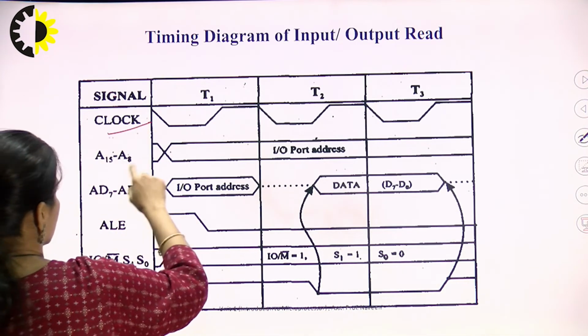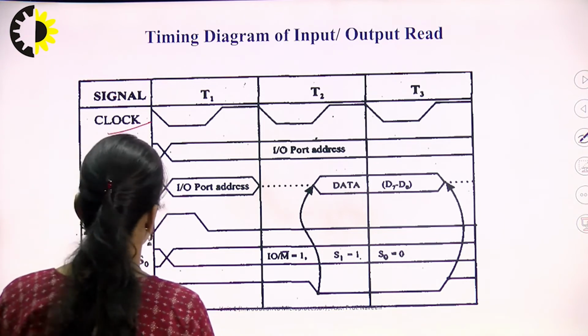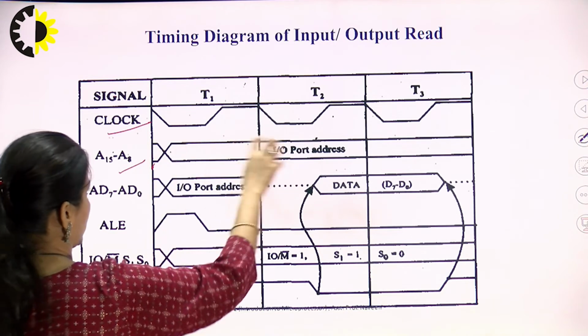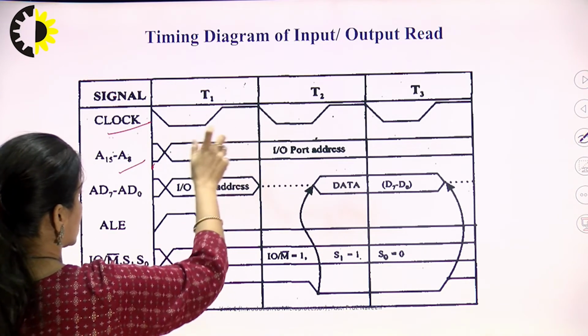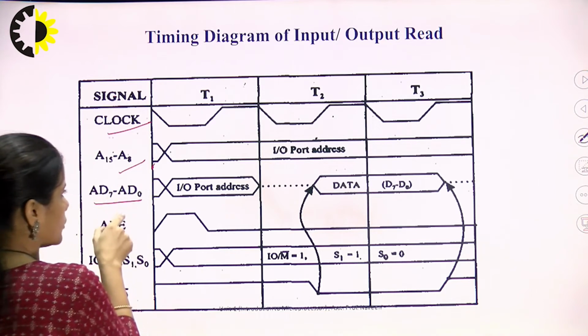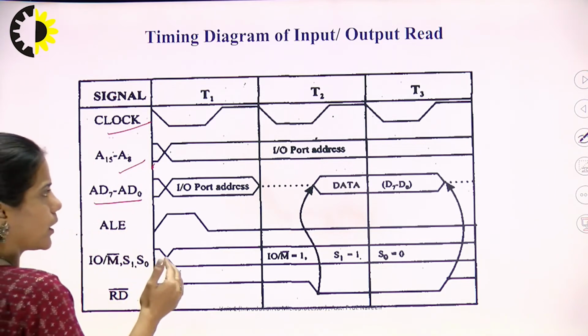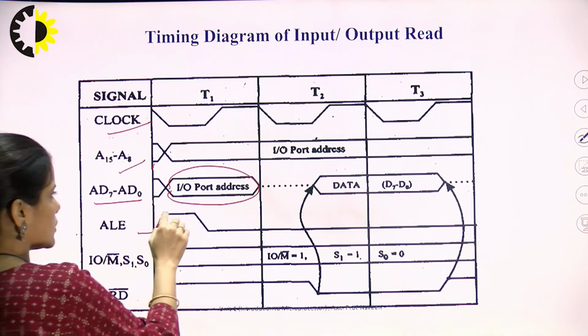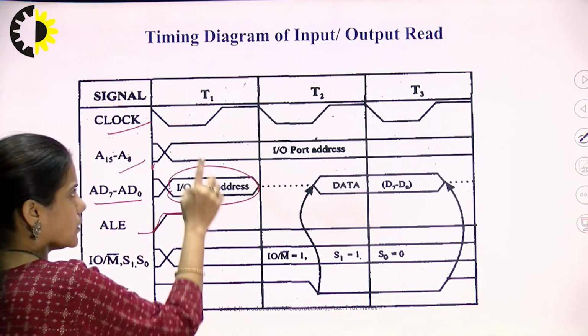This is the clock cycle, this is A0, and this is the higher order address bus, which is carrying the port address and is latched during the T1 state. The lower order address and data bus is multiplexed, and to demultiplex the lower order address bus, in order to carry the input output port address, the ALE signal should go high, which it does in the T1 state.